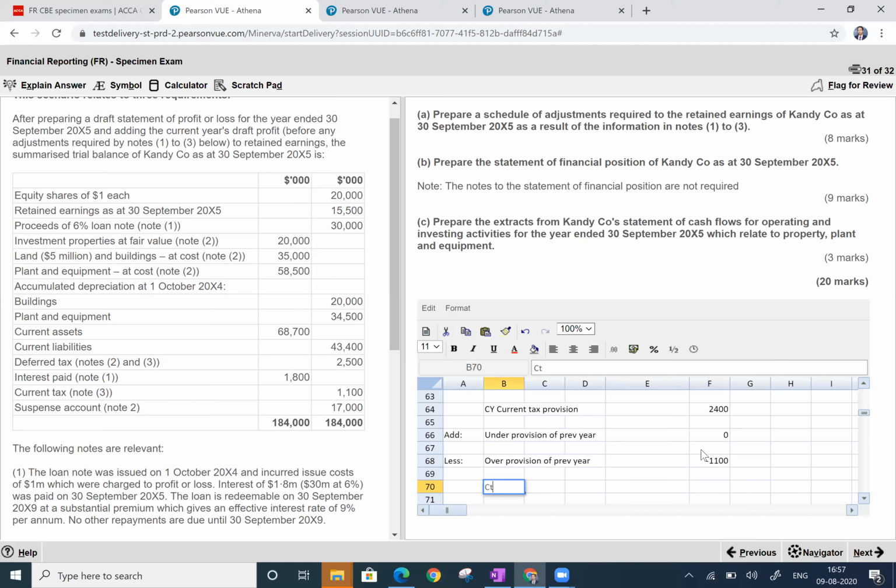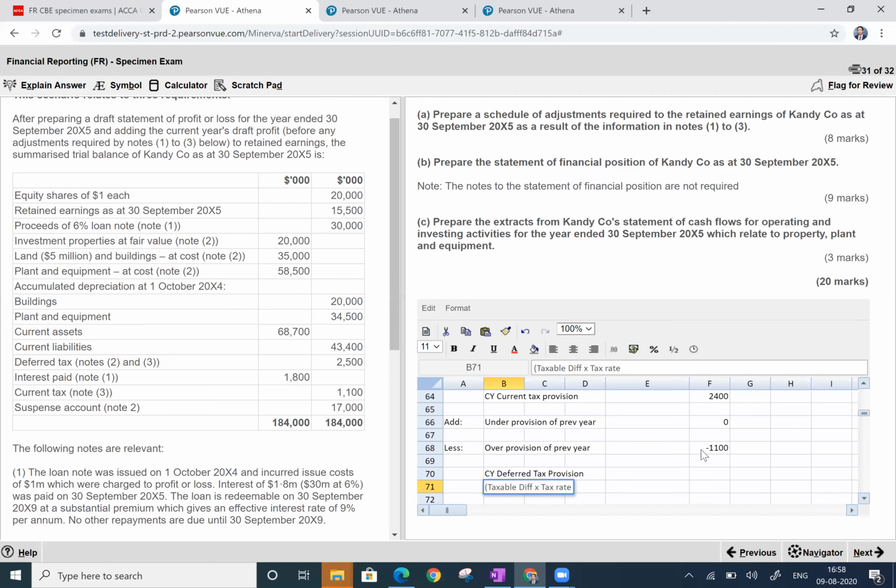Then current year deferred tax provision. How will you find current year deferred tax provision? Temporary differences or taxable difference excluding revaluation surplus multiplied by tax rate.